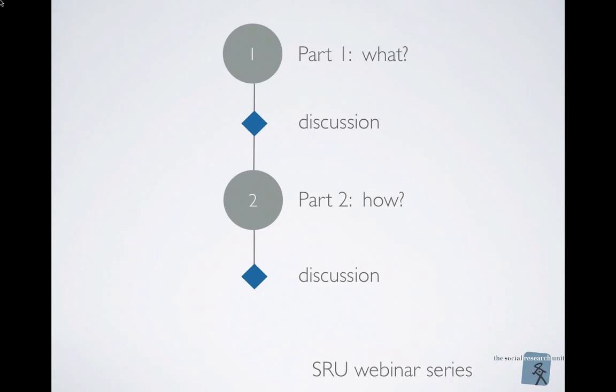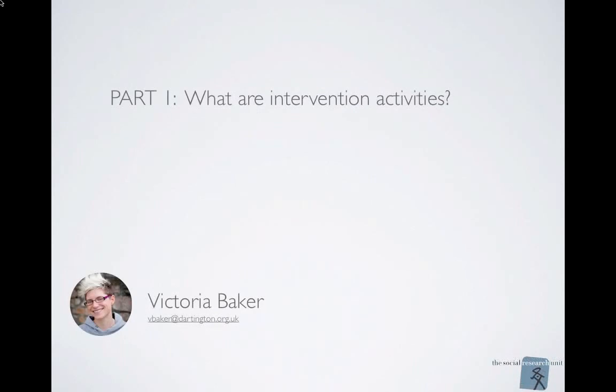Any that we can't pick up, we'll either take to the next discussion at the end of the webinar, or we'll collate them into a frequently asked questions document and circulate that at a later date. In the second part of the webinar, I'll take you through more of a how-to in how to specify intervention activities, and we'll have, again, some more time at the end for questions and answers. So I will hand you over to my colleague Victoria for the first section of the webinar.